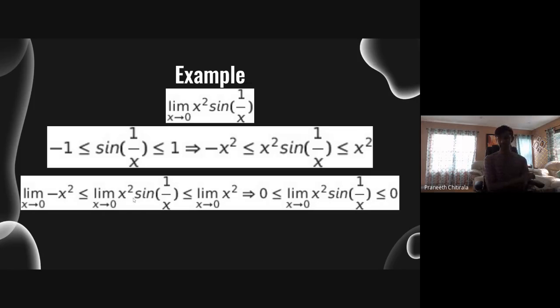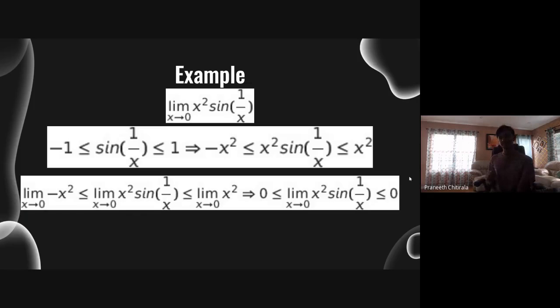Then you can take the limit of all of these sides. Since the limit as x approaches 0 of -x squared is 0, and the limit as x approaches 0 of x squared equals 0, you can just substitute 0 in for both sides.